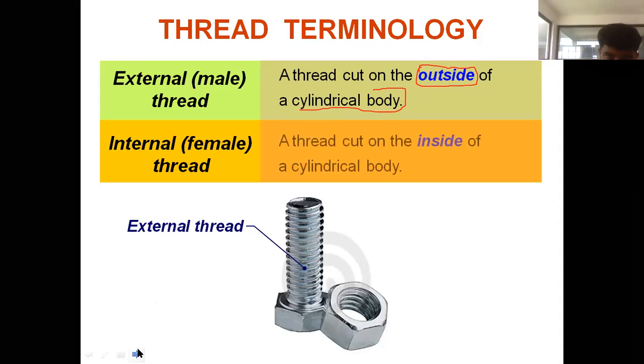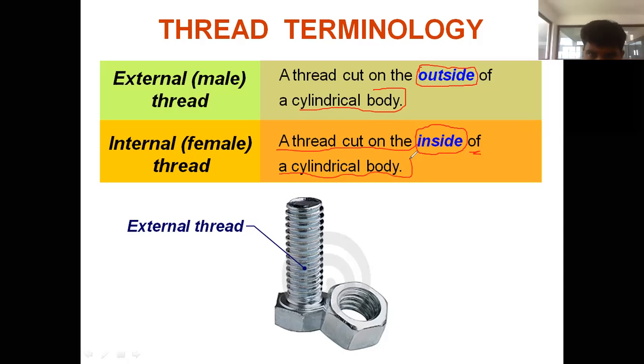Similarly, internal thread: a thread cut on the inside of the cylindrical body. So this is called female thread and the external one is called male thread. Internal thread you can see over here.